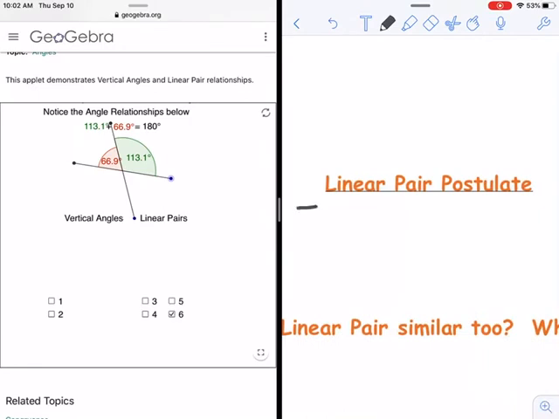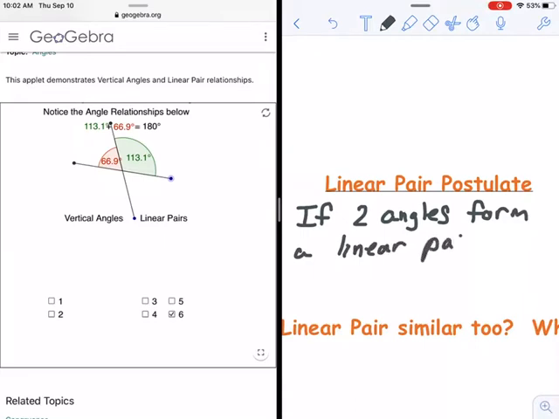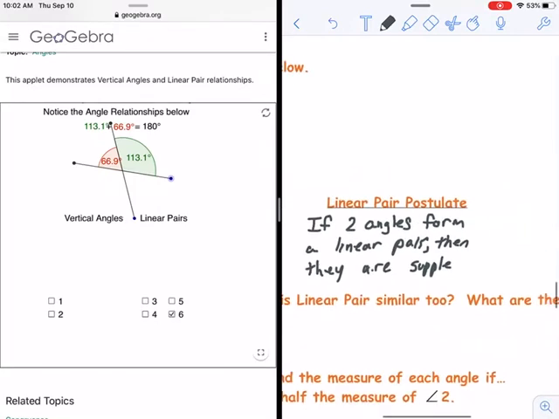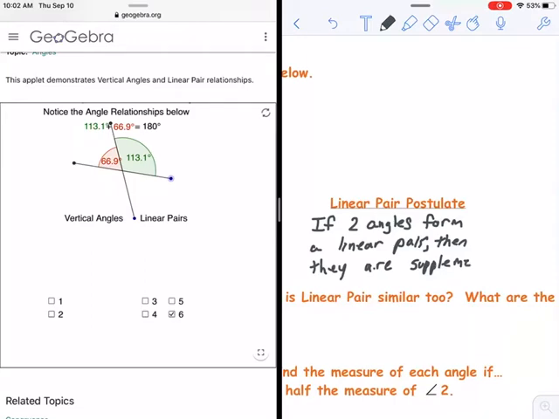We say if two angles form a linear pair, then they are supplementary. We say supplementary, not 180.